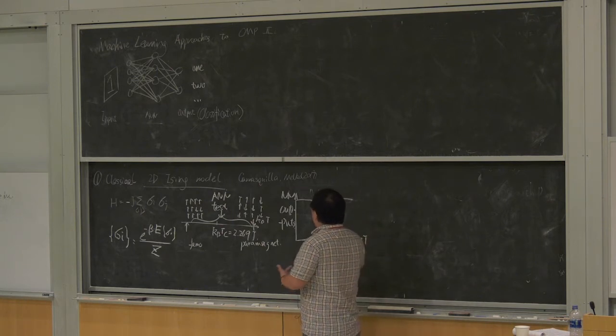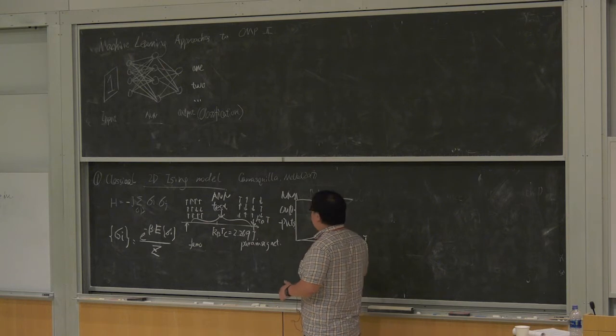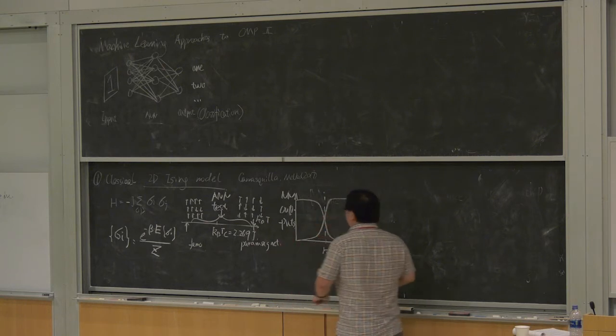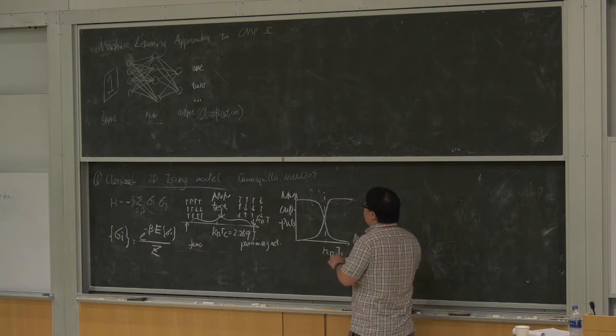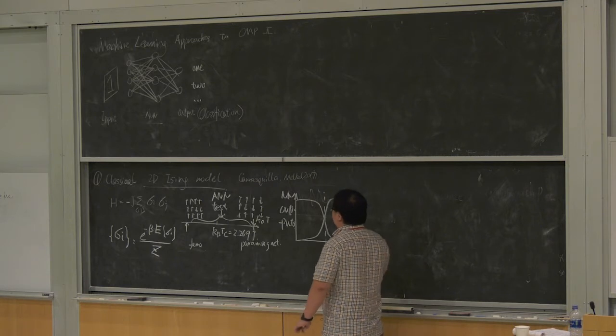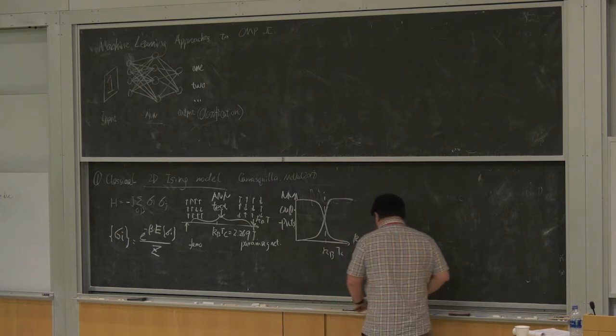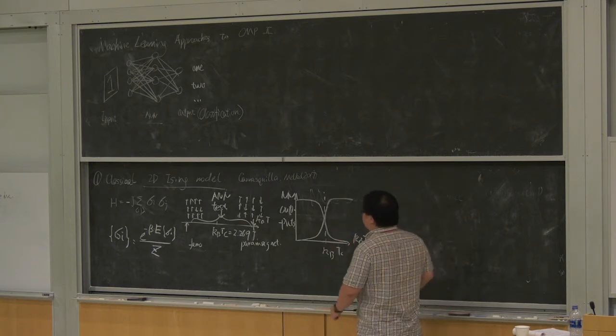But all in all, you can get the transition temperature right for a classical system, and just by snapshots in the Monte Carlo, it can tell with good accuracy whether this is from a temperature above or below the critical temperature. So all in all, this is very good.